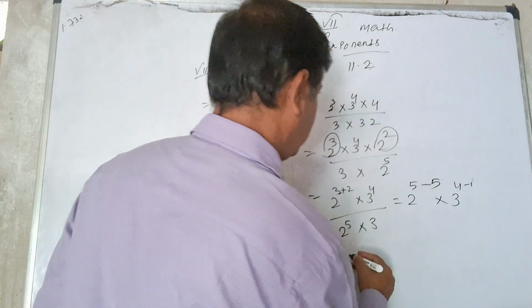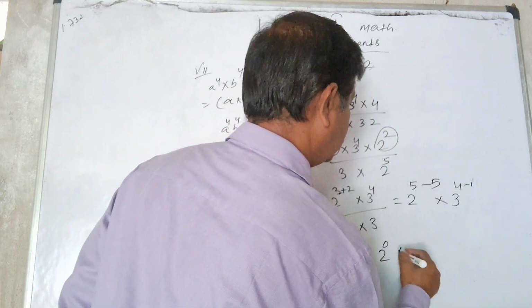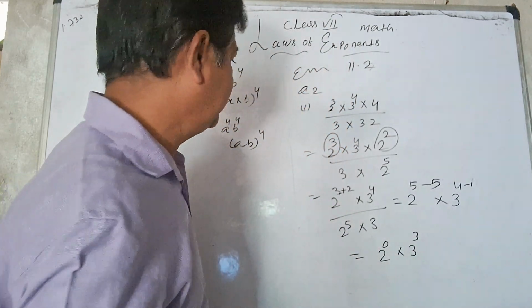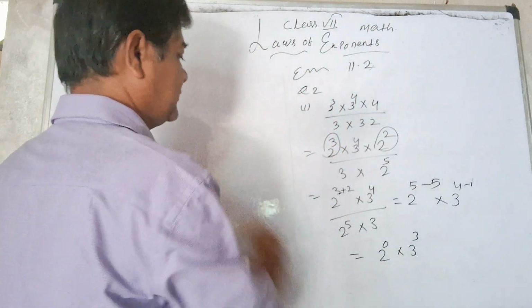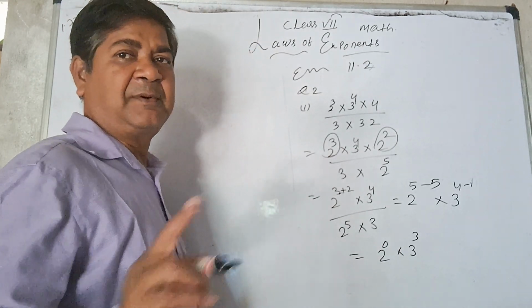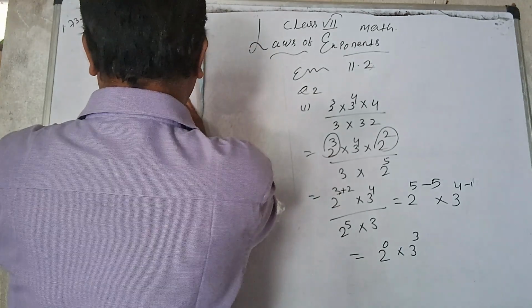Then it is 2 to the power 0 into 3 to the power 3 as your answer. Whenever the base has exponent 0, the answer will be 1. Another question for you.